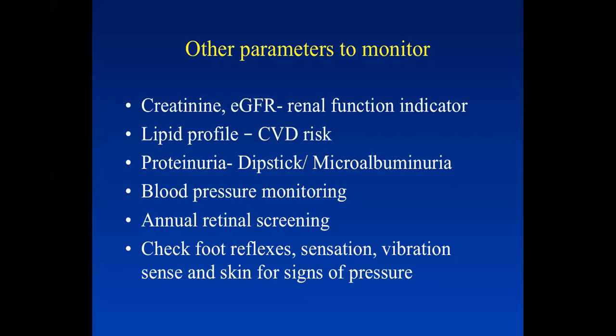Mind you, the lipid profile should not be done every month. This is what we see in our practice. If they are normal, once a year is enough. Even in a patient who is on treatment, if the control is okay, you don't need to do it every month, or every 2 or 3 months.